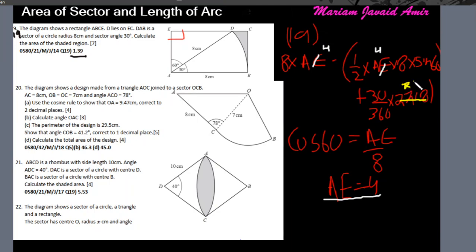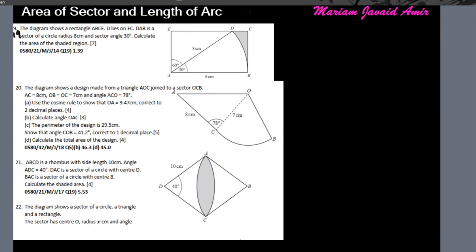So this is pi times 8 squared, which once calculated completely gives 1.3884, which equals this 1.39.